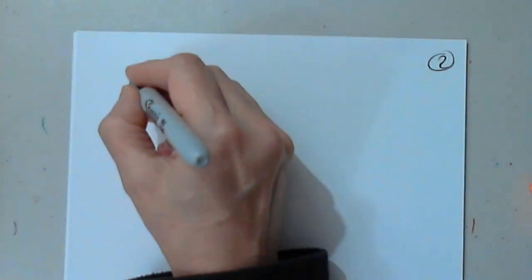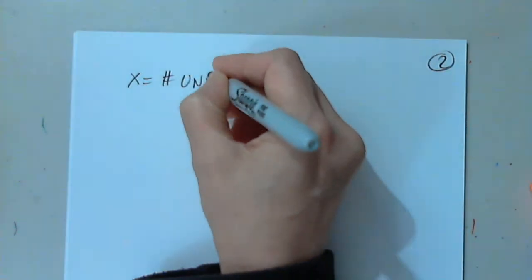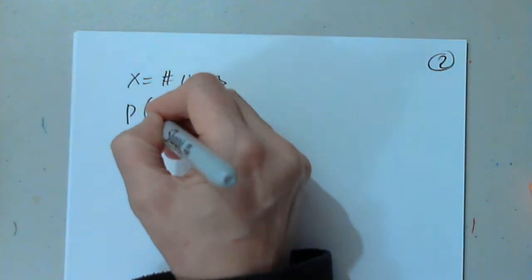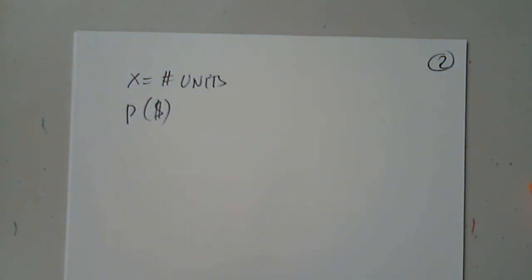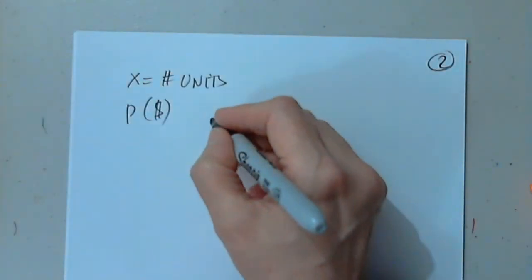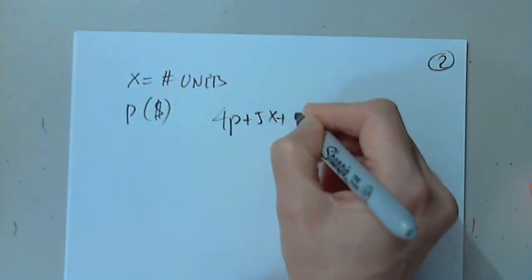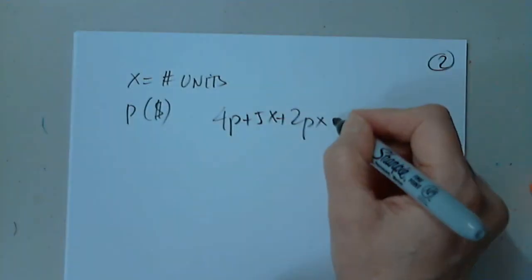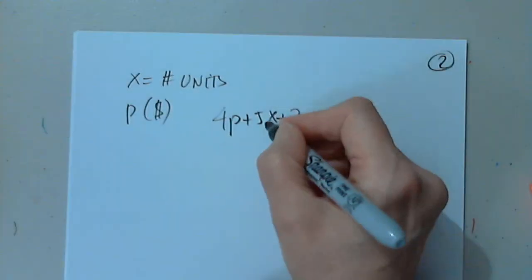So in this problem, can I move this a little bit? Yes, I can. Suppose that the price P in dollars and the number of sales X, the number of units, are related by 4P plus 5X plus 2PX equals 92.